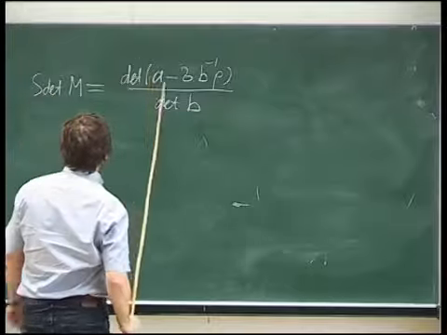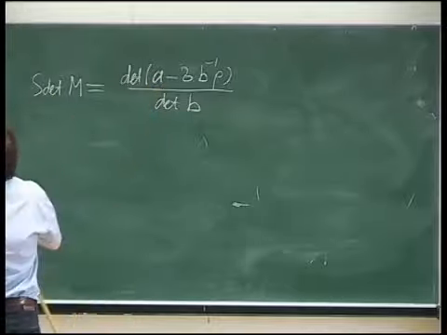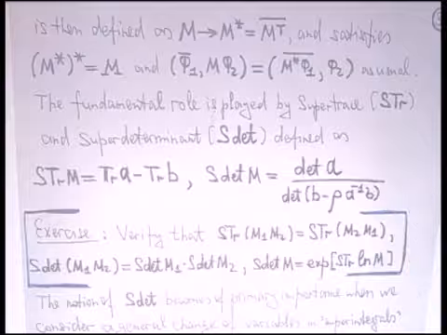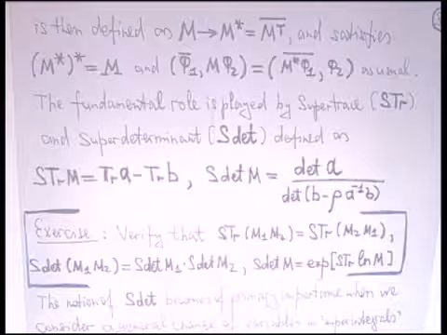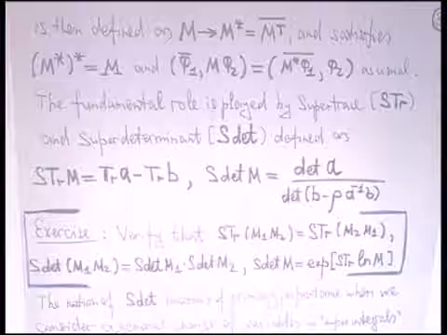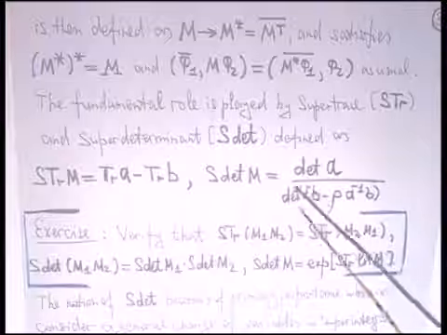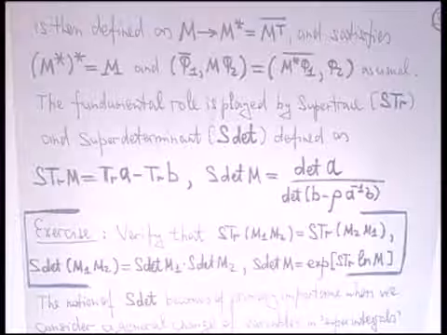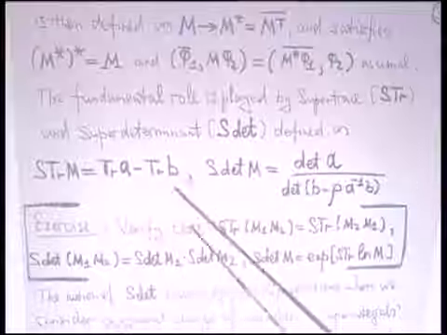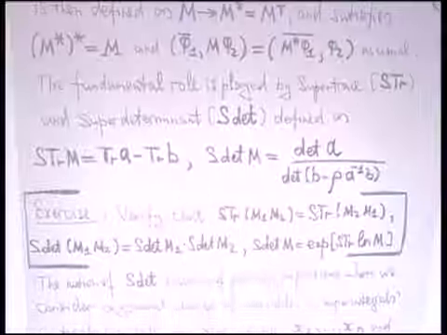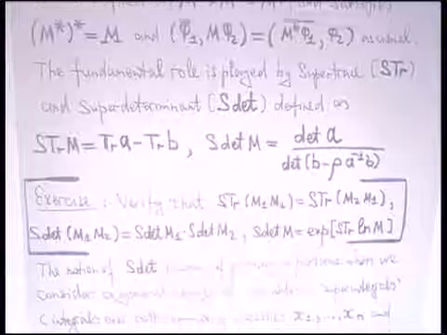It's completely equivalent to this one, although it's not immediate to see, but try to prove it. And sometimes it's useful to know that one can represent the superdeterminant in two different ways. But basically look at these two notions as definitions.